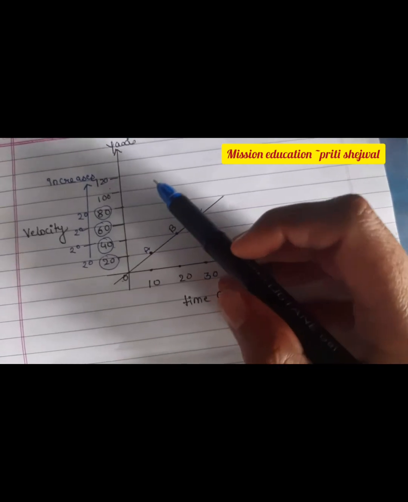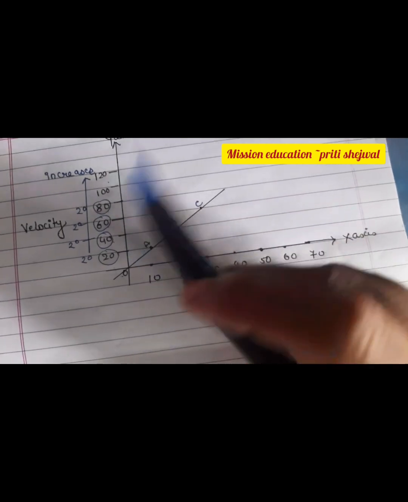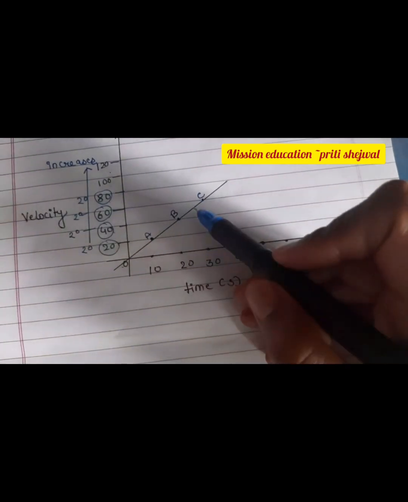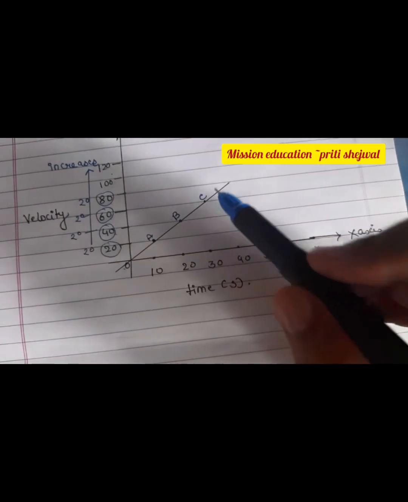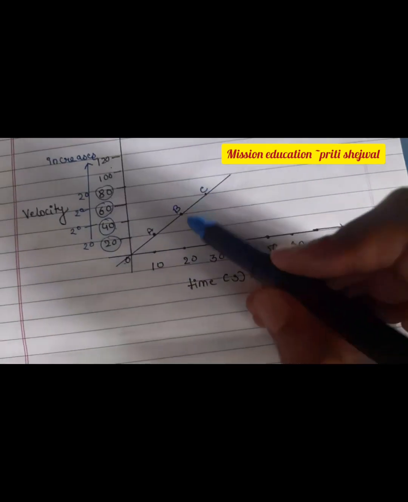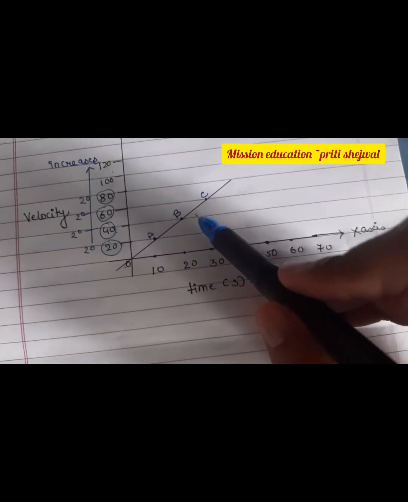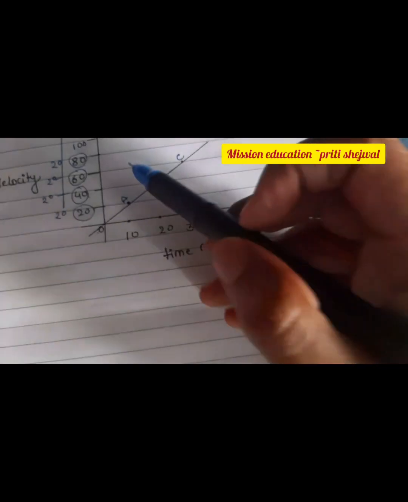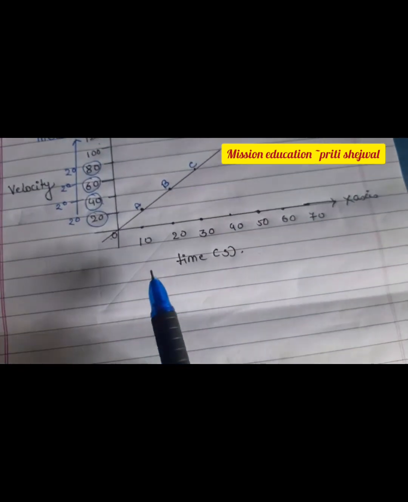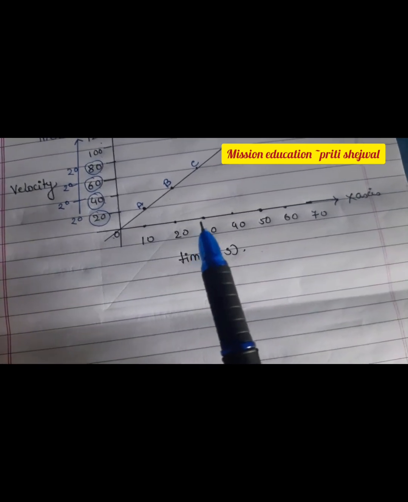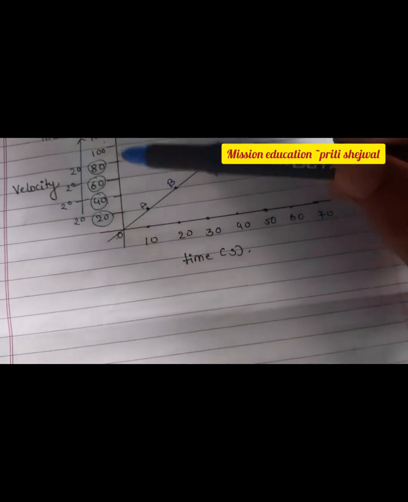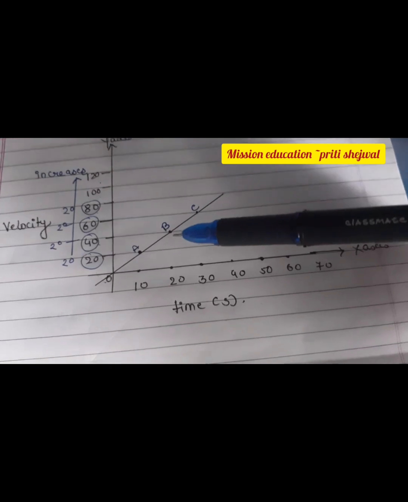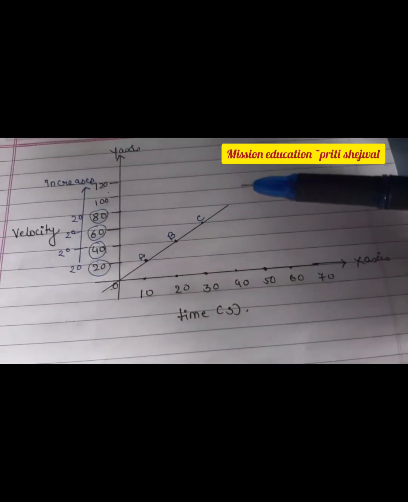When there is a change in velocity. Though it is a straight line, it is not uniform motion. Here uniform motion is not there because velocity is changing. How is it changing? In equal amounts. Uniform rate. So this is the example of uniformly accelerated motion.